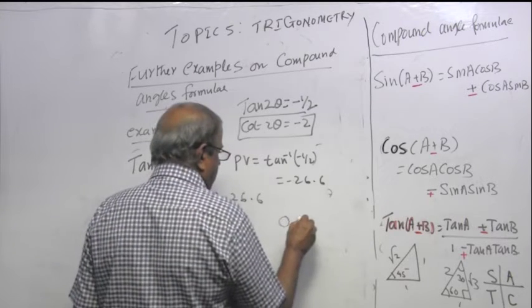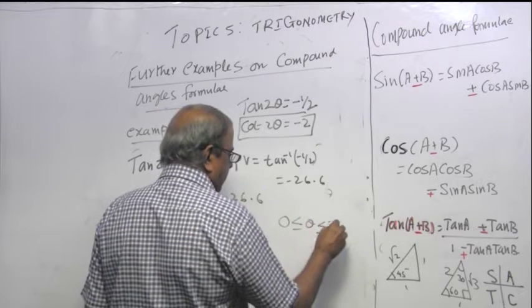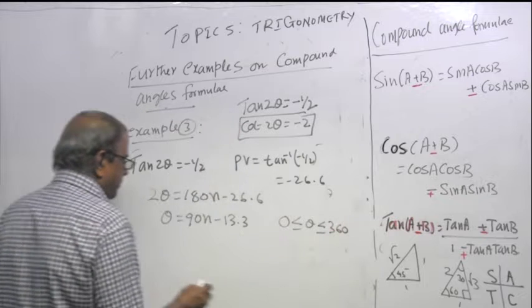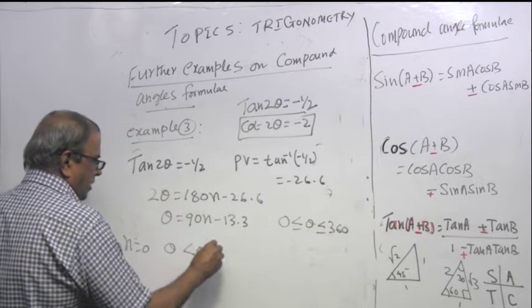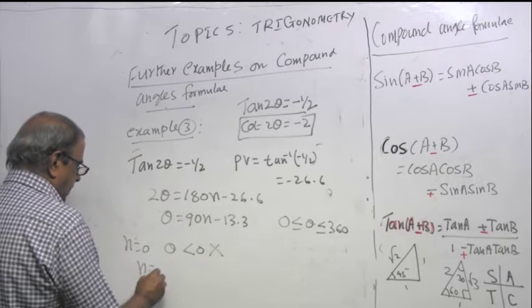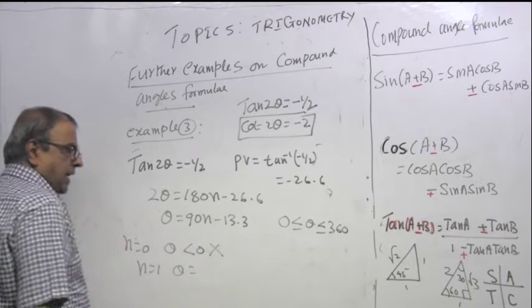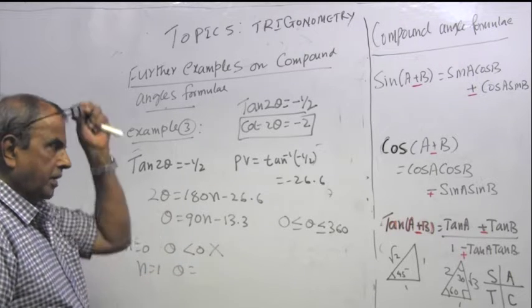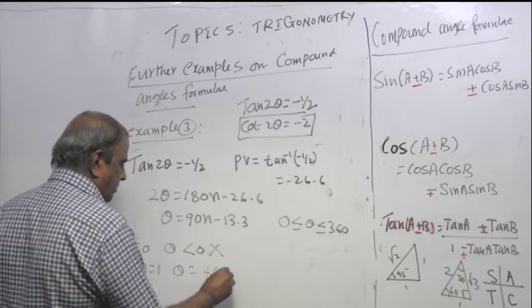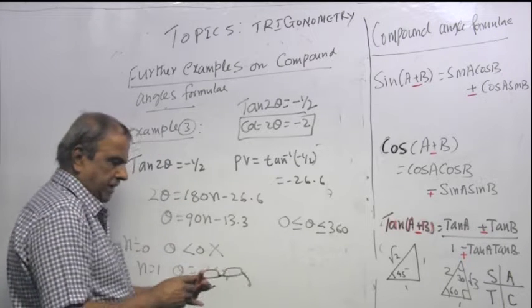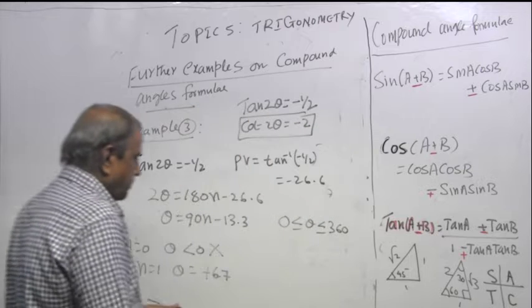And I want from 0 to 360 inclusive. Put n as 0, theta is negative, outside the range. Put n as 1, 90 minus 13.3 is 76.7.